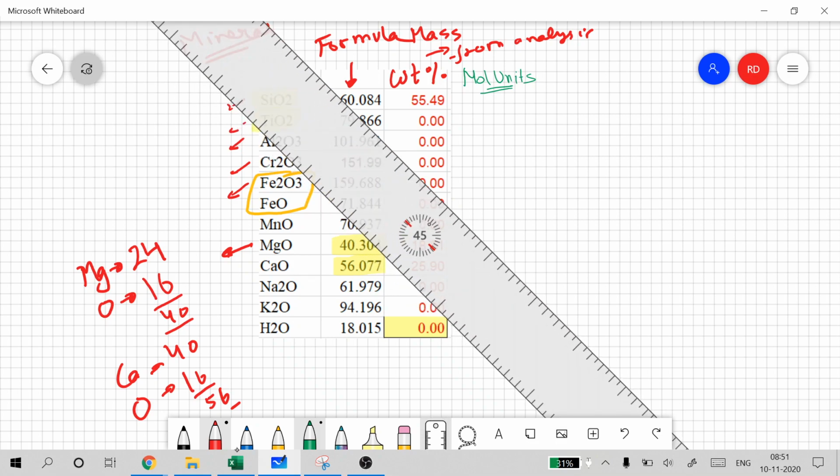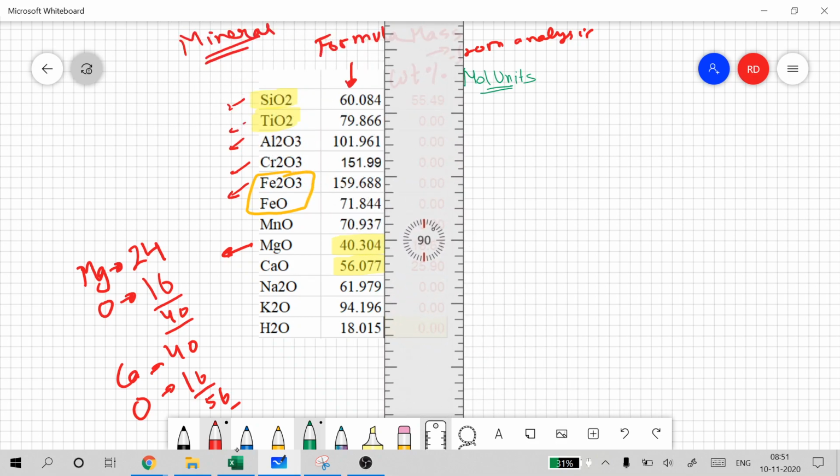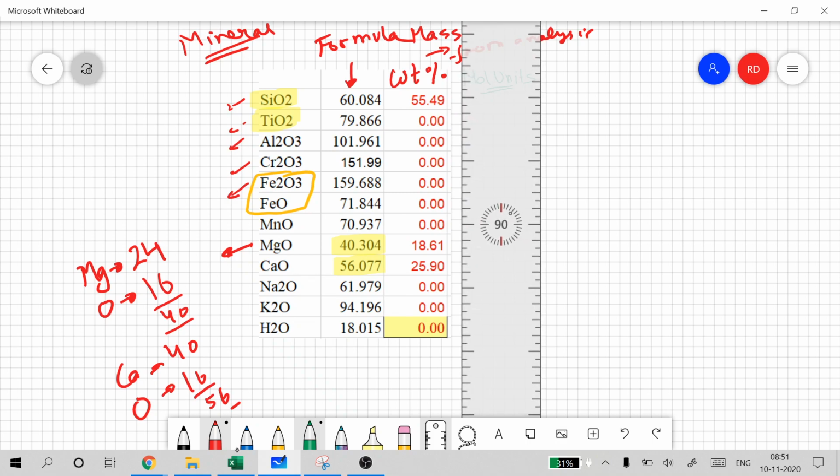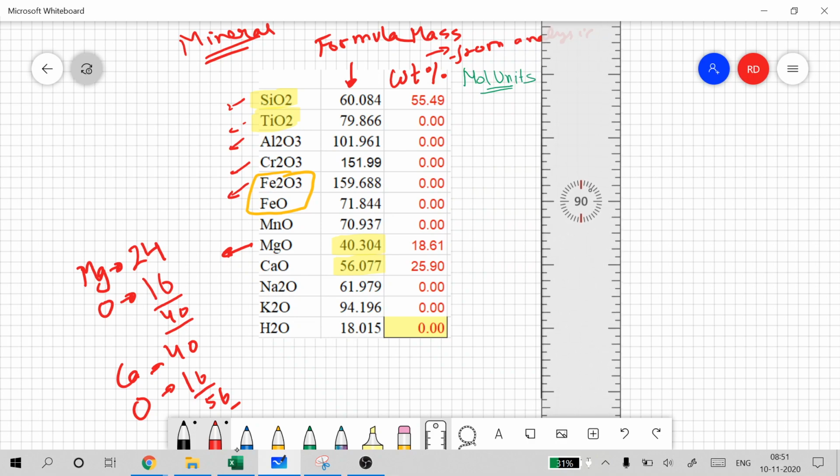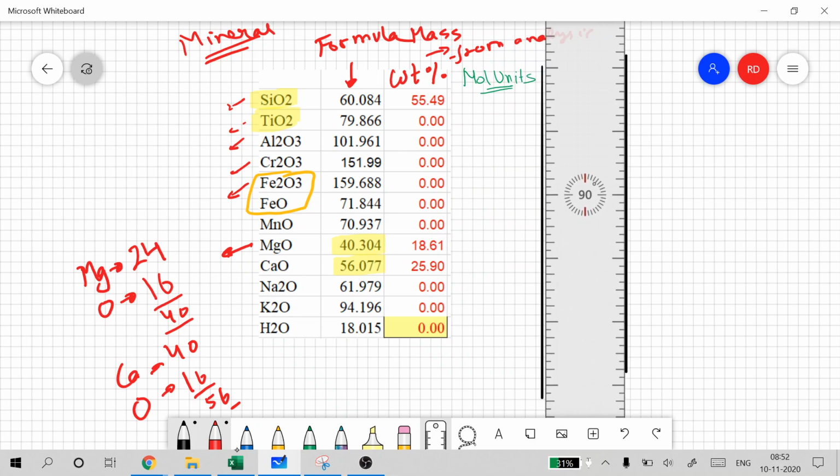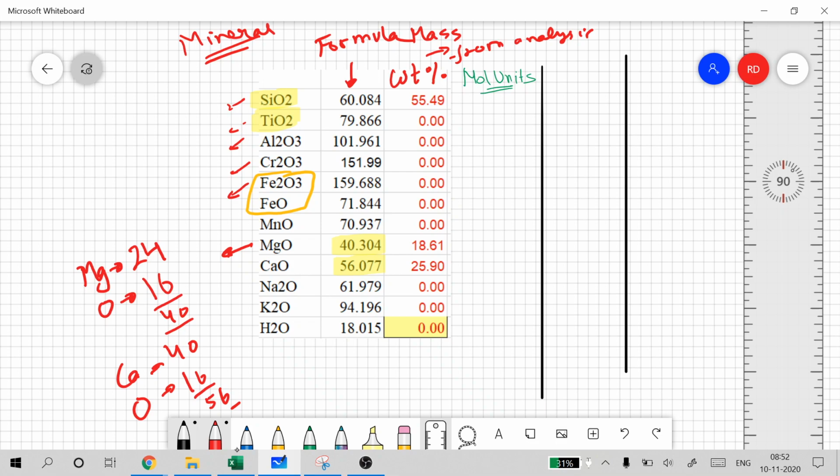How will you calculate mole units? Weight percent divided by formula mass.